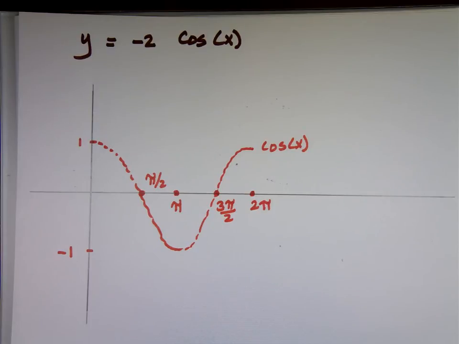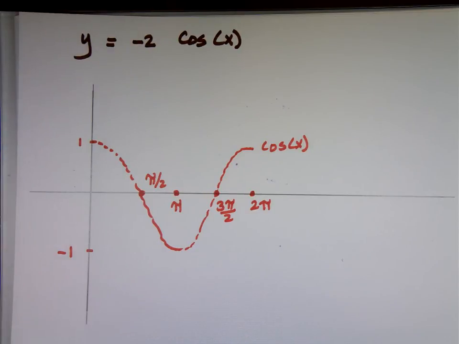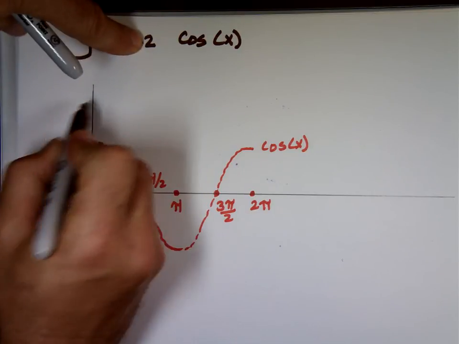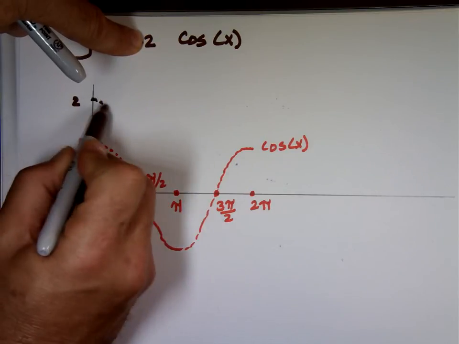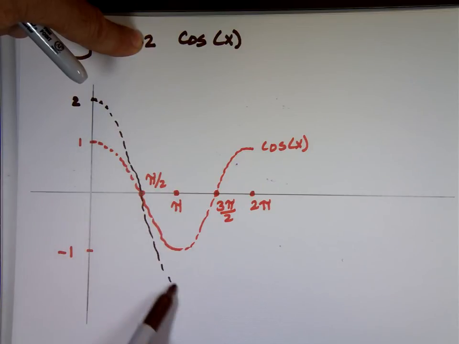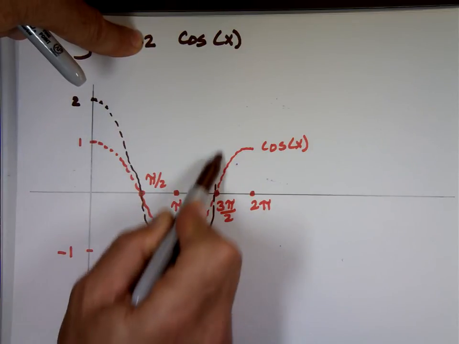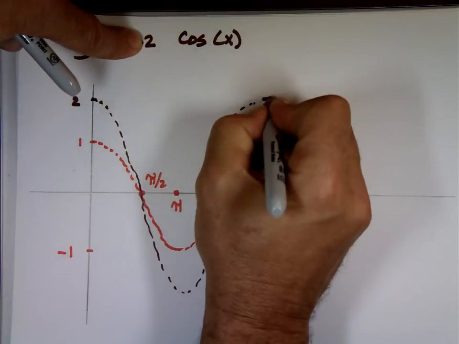If I didn't have the minus, if that was a plus 2, what would the graph look like? Twice as high. It will look like this. I'll make it also a dotted line. That's the plus 2. This is plus 2 cosine of x.